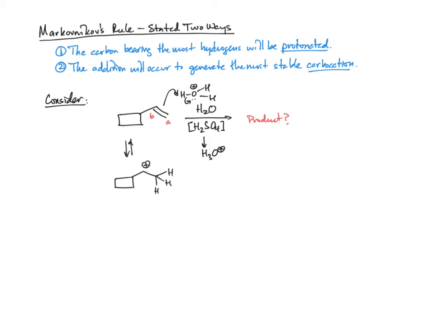Just to prove to ourselves that Markovnikov's rule is correct, if we protonated B as an alternative pathway, what is the classification of the carbocation that is generated?